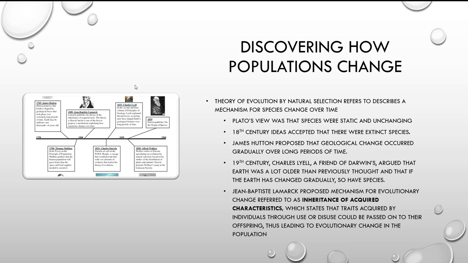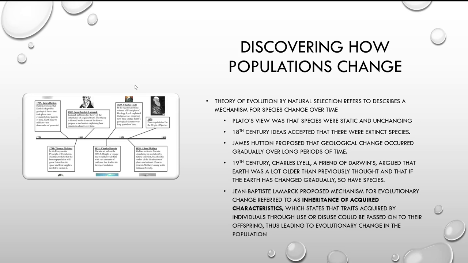So when Charles Lyell looked at the rocks and the fossils and the striations in the earth, he proposed that the earth was a whole lot older than what was previously thought. And so if the earth has changed gradually over a long, long period of time, perhaps so have the species on the earth.